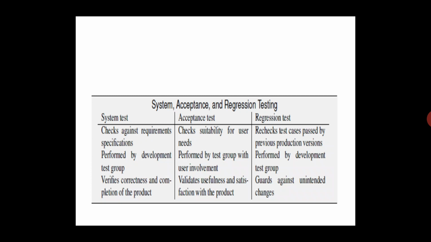System testing verifies the correctness and completeness of a product, whereas acceptance testing validates usefulness and satisfaction with the product, whether the product is valid or useful or not.